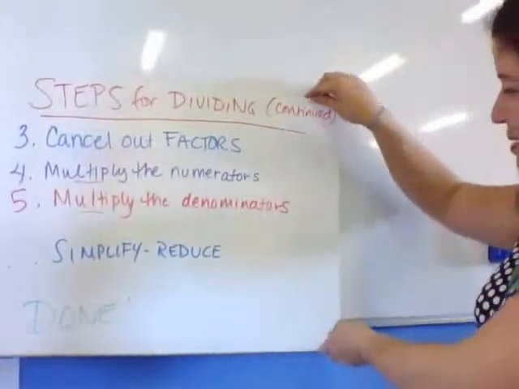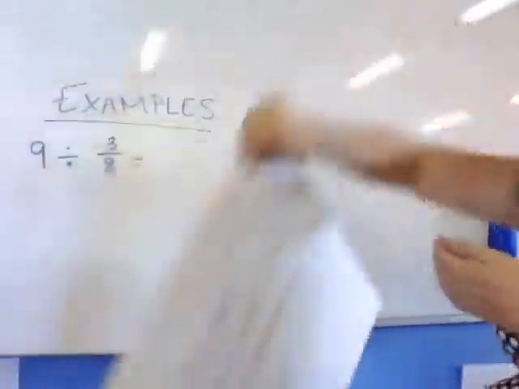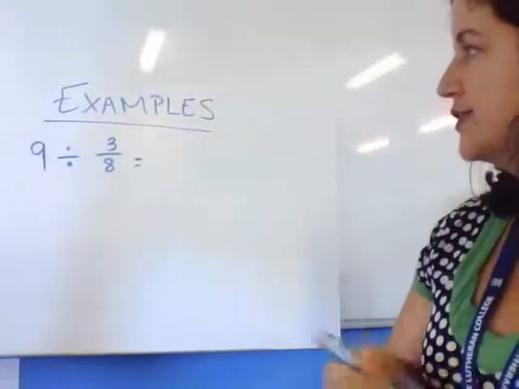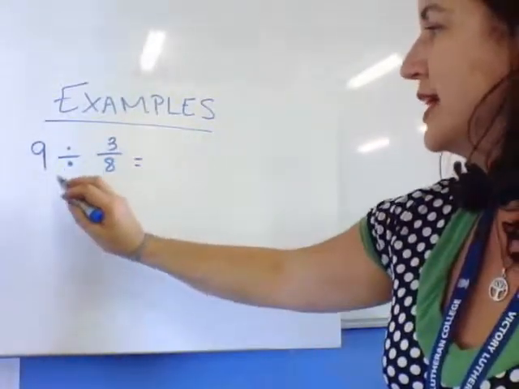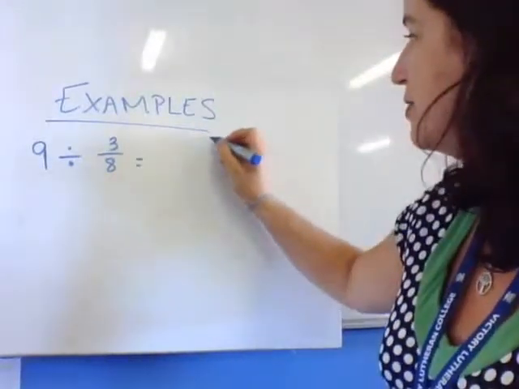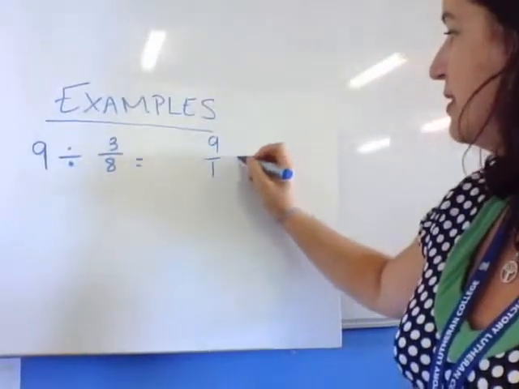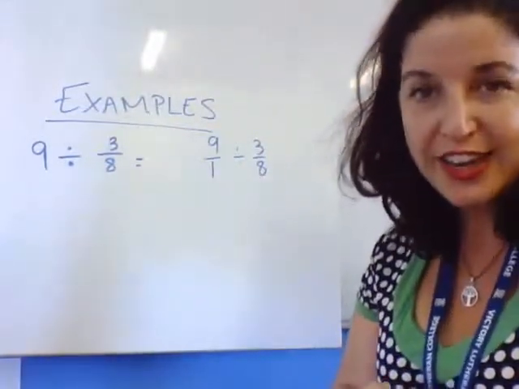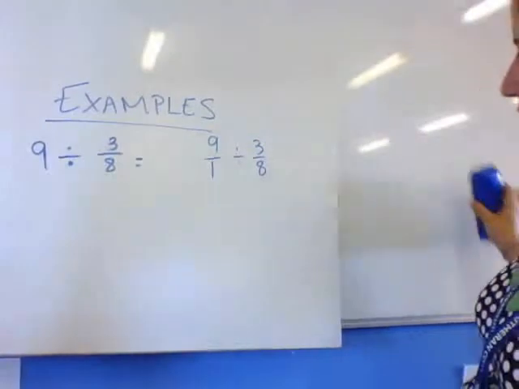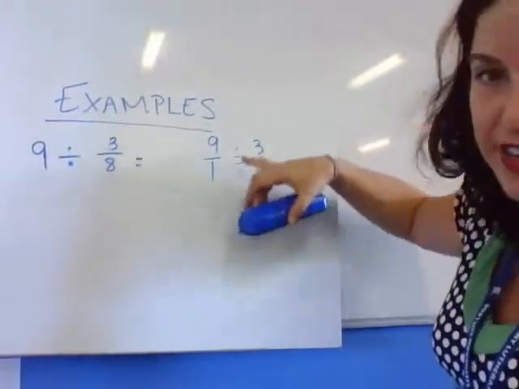So let's look at a couple of examples. Here we go. This first one, 9 divided by 3/8. Okay, so first we need to change our 9 to 9/1 divided by 3/8. Now, we're going to invert the fraction we're dividing by.